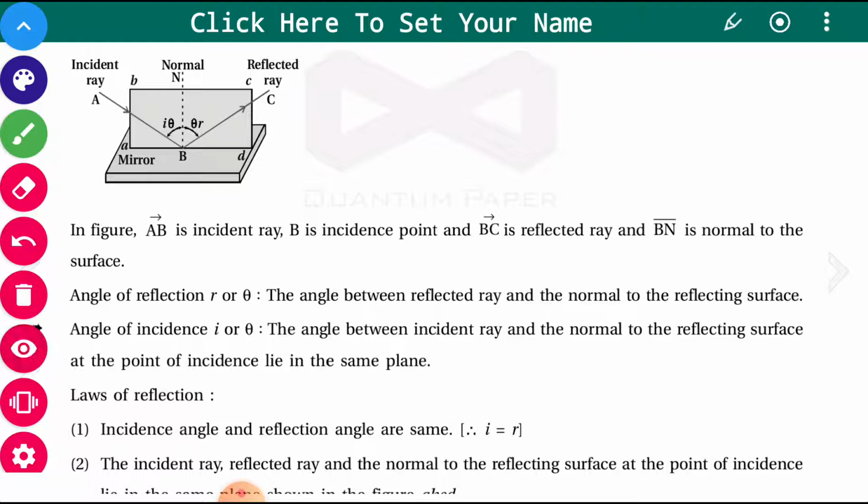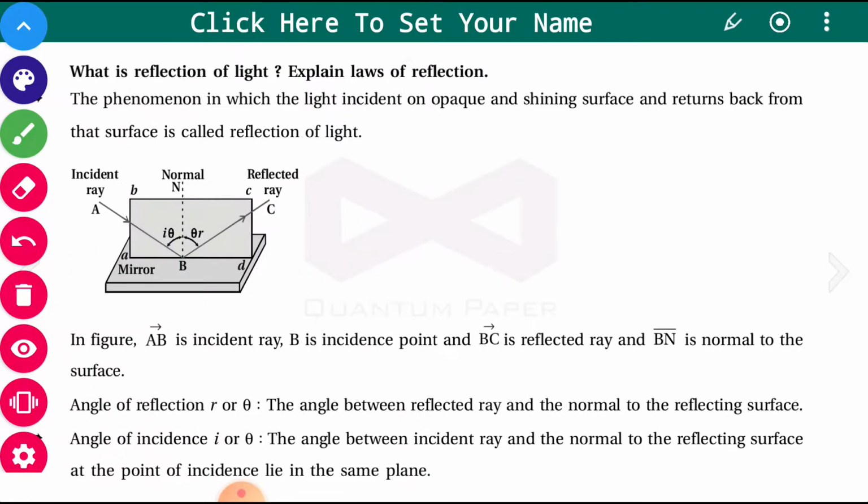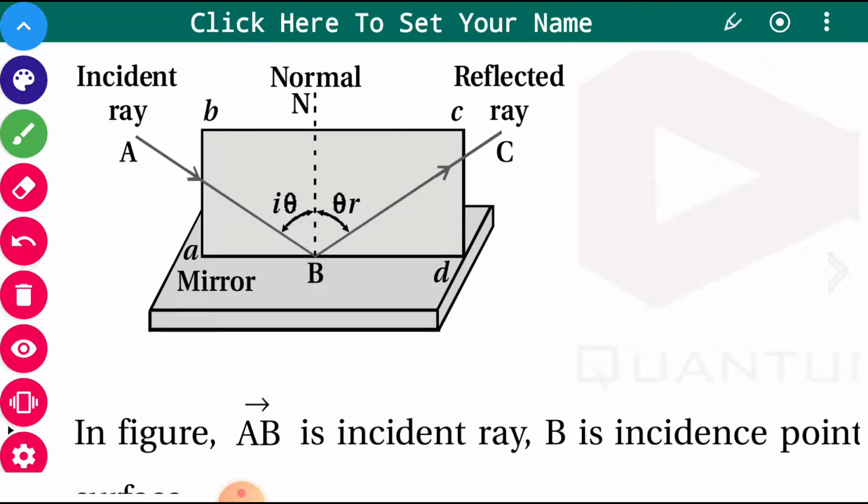The incident ray, reflected ray, and normal drawn at the point of incidence lie in the same plane, and the angle of incidence is equal to the angle of reflection.